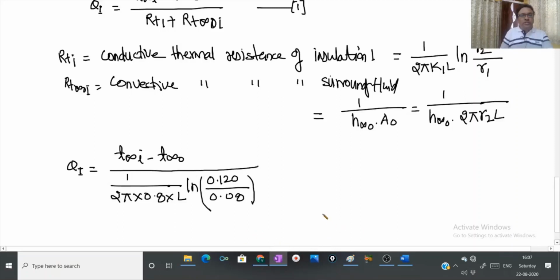This is the conductive thermal resistance of insulation 1, plus 1 over the value of H infinity O which is 10, 2 pi L, and the value of R2 is 0.12.